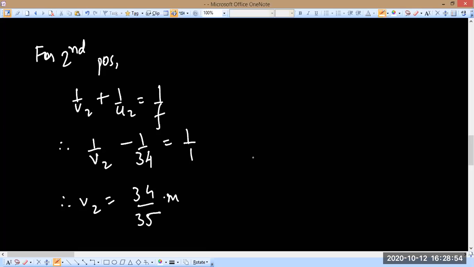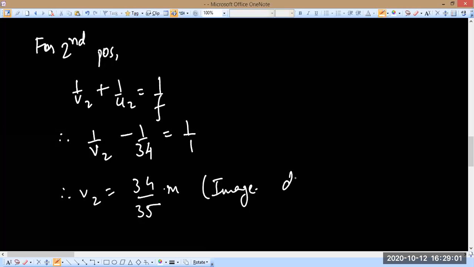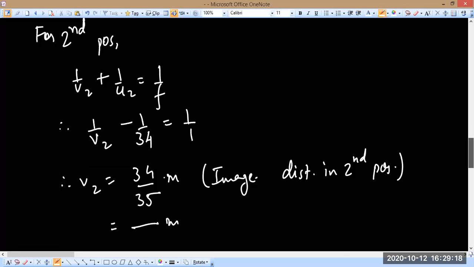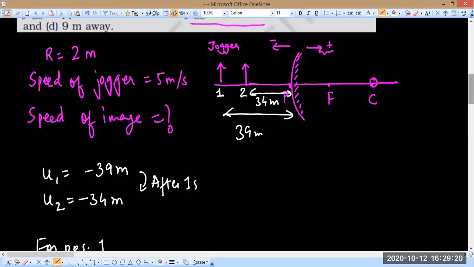I did everything in the calculation. This is again the image distance in second position, right? So what we have now is, have a look here.